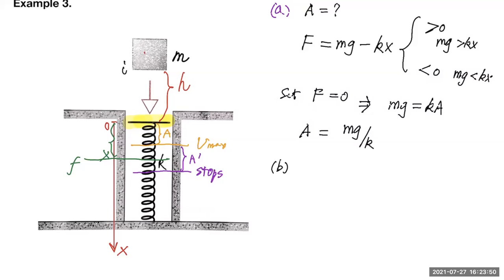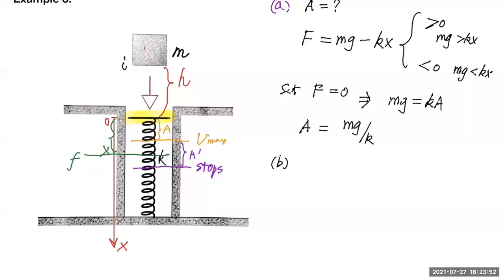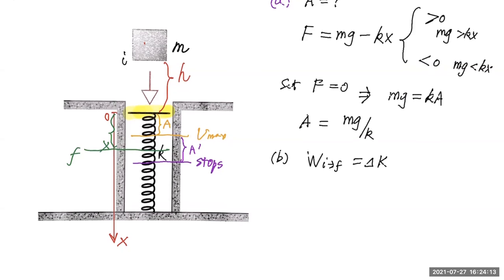So from initial to final, I have W equals delta K. How much is the work done by gravity, initial to final?